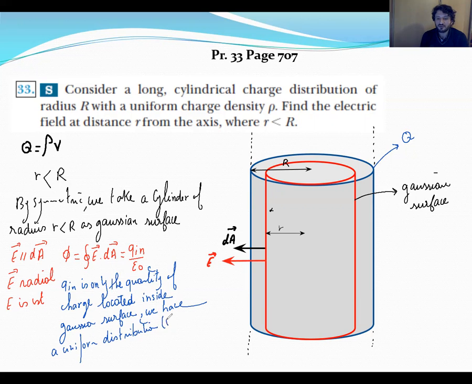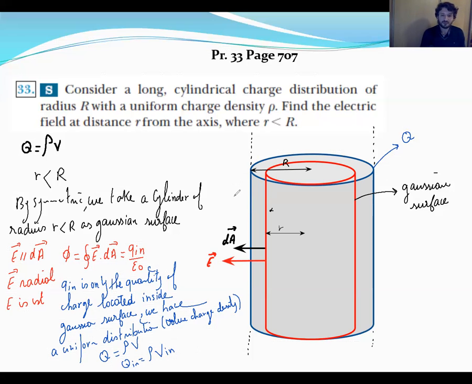Here we have a volume charge density. We can say the total Q equals rho times the total volume of the object, and also we can say Qn equals rho times Vn.